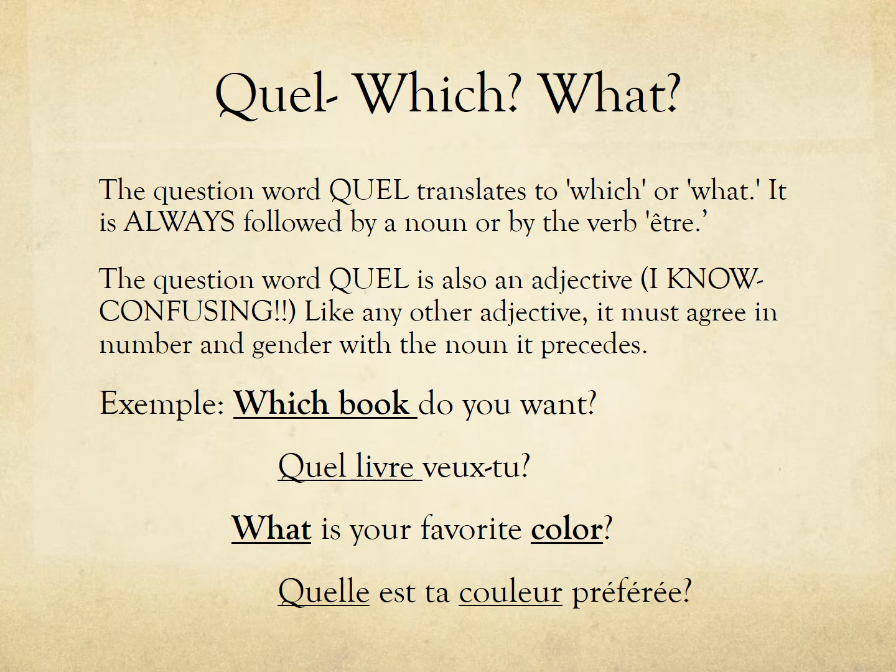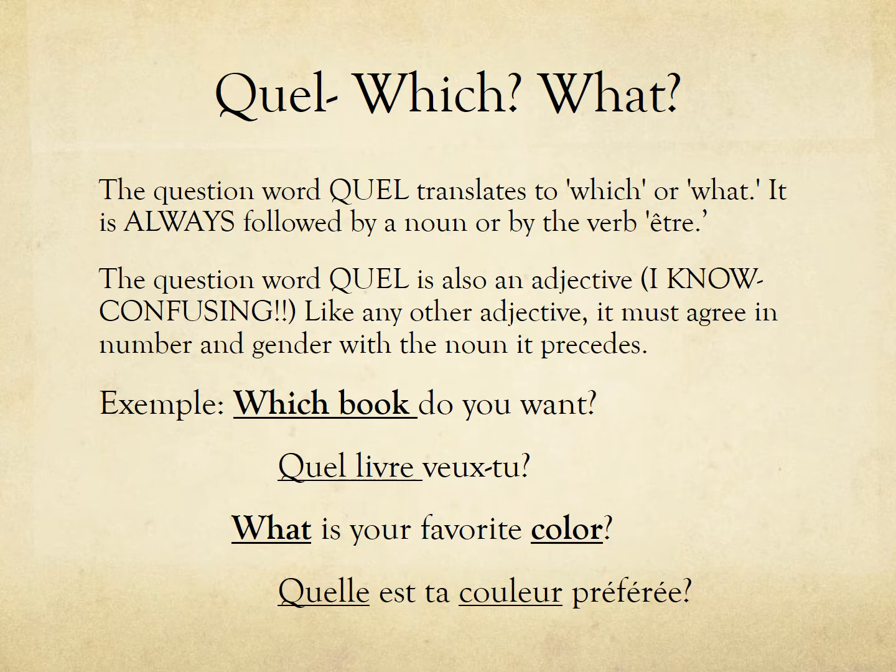So like any other adjective in French, it must agree in number and gender with the noun that it precedes. So for example, we have which book do you want? Quel livre veux-tu? So since livre is masculine, we're going to keep quel as Q-U-E-L.